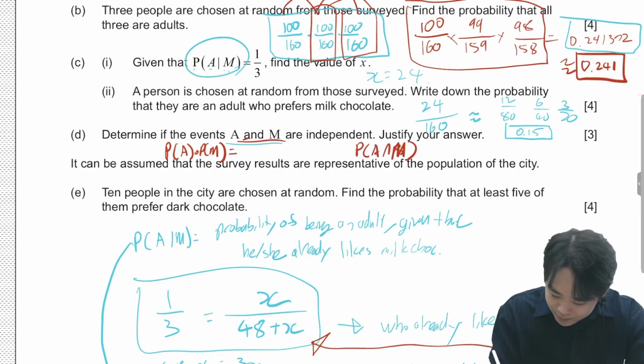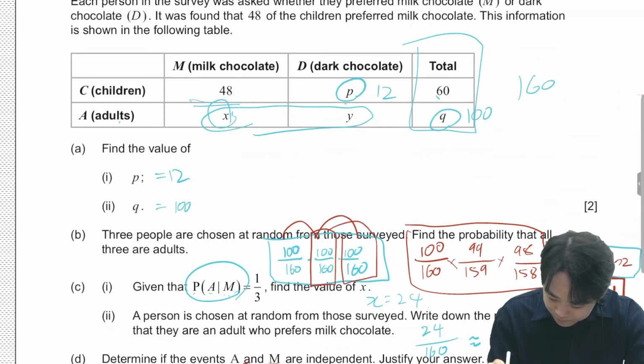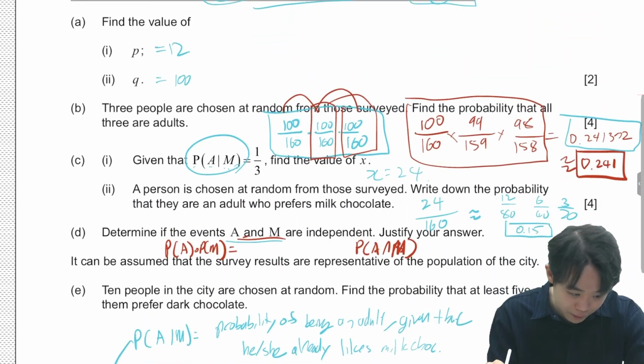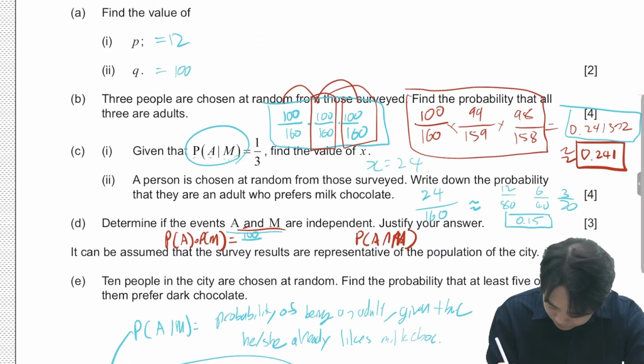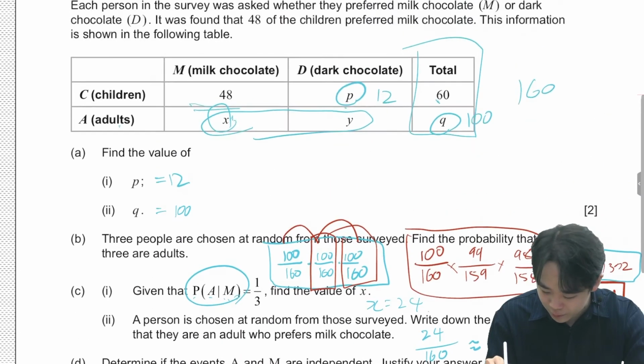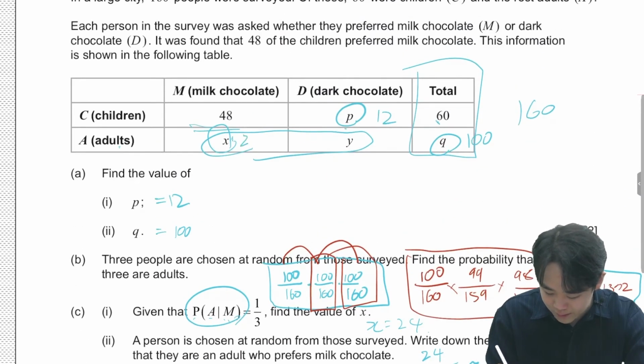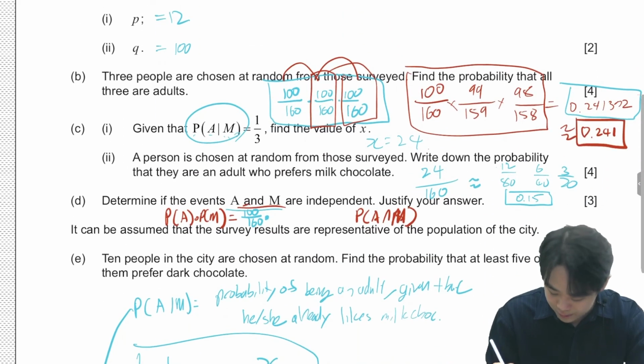We know that the probability of being an adult is 100 out of 160, times the probability of someone liking milk chocolate. Since X is 24, we know there are 72 milk chocolate lovers, so 72 over 160.